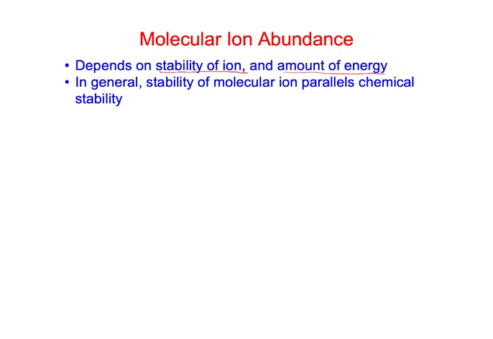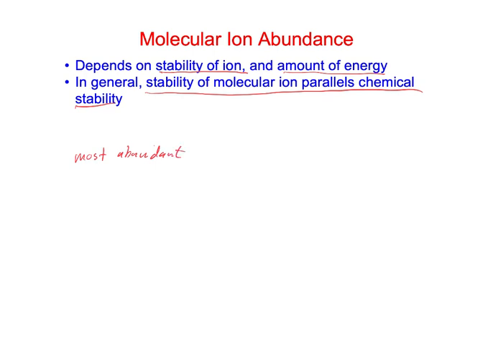If your molecule fragments too easily, sometimes they can do it with a lower voltage. So it depends upon the stability of the ion, and in general, the stability of the ion parallels the chemical stability.